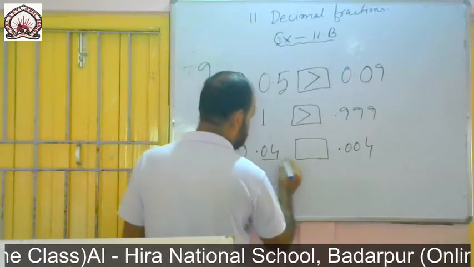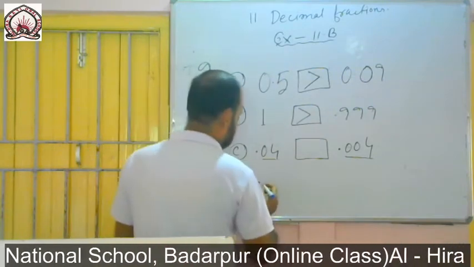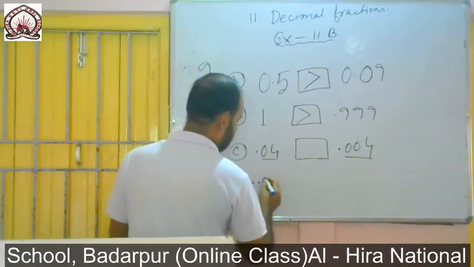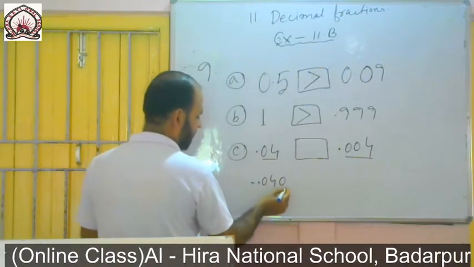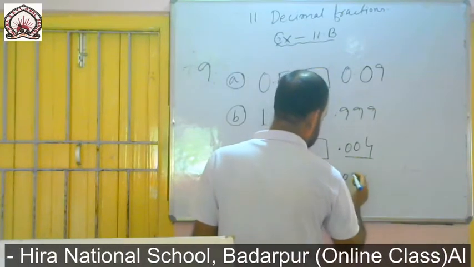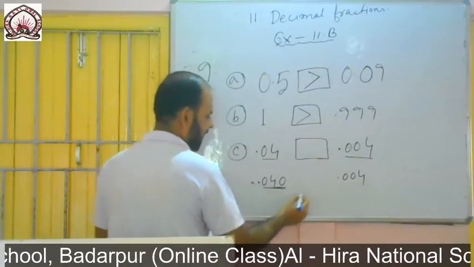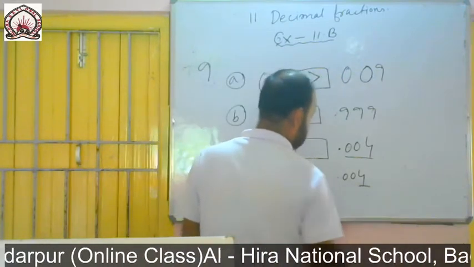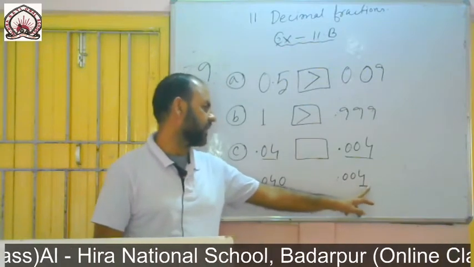There are 2 digits after the point on one side and 3 digits on the other, so we make both sides 3 digits: 0.040, and 0.004. Here after the point is 40, and here only 4.